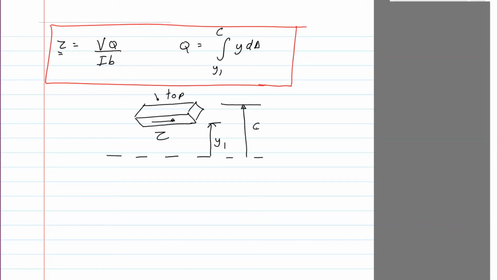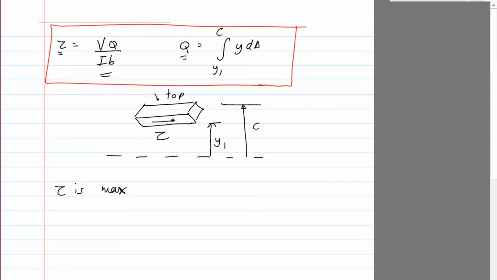Now let's see where shear stresses are maximum and where they're minimum, because that's important for design. Tau is max when the term here is maximum. b is constant, assuming the width is constant. I, the inertia, is constant. The shear force is given at that point, so that's also constant. The only thing which determines max or min here is Q, the integral y dA.